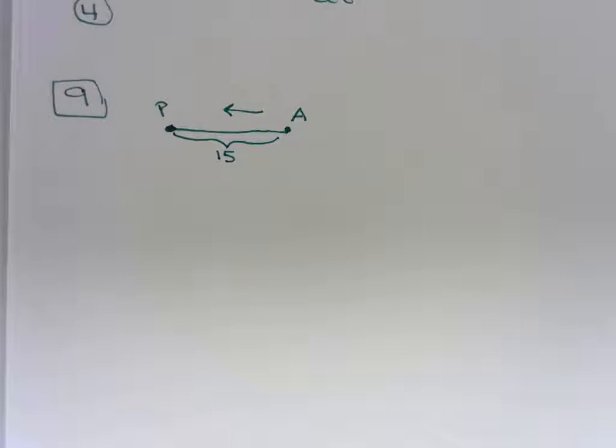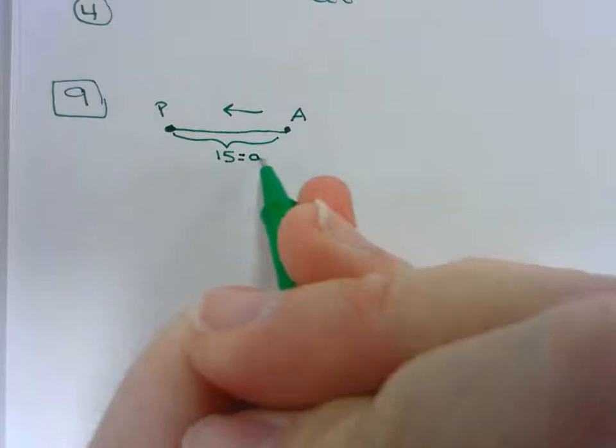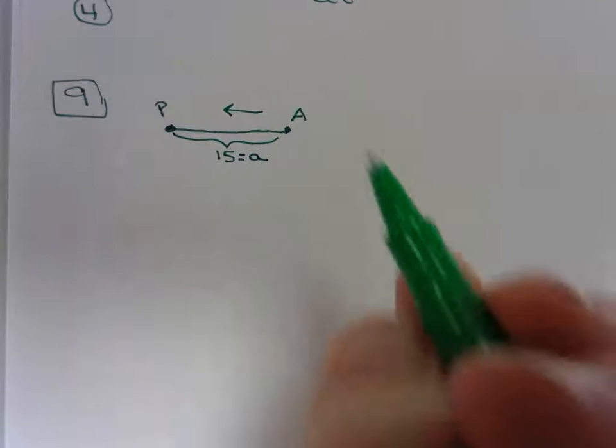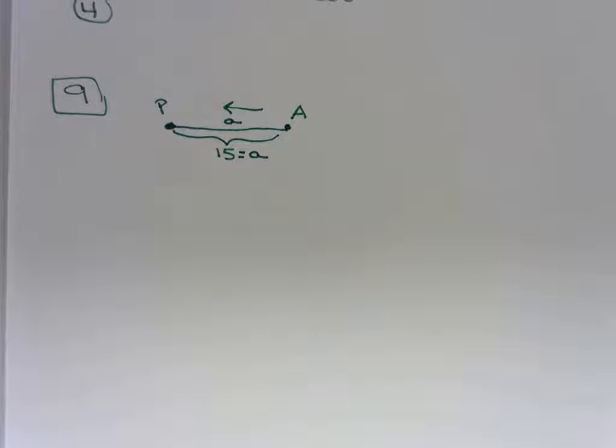They tell me that measurement is 15 miles away. I'm going to label that as A. So that's going to be side A, just because I'm going to label it. Doesn't really matter what you label it. And it's moving west at 20 miles per hour.